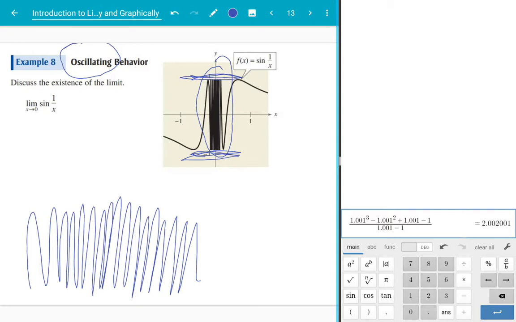There's no real way of understanding that. Even if you get really close with the table, you're still going to get too many fluctuations, so we don't know what the limit's going to be in certain oscillating behavior like this. So again, here, the limit does not exist. Another reason being oscillating behavior.